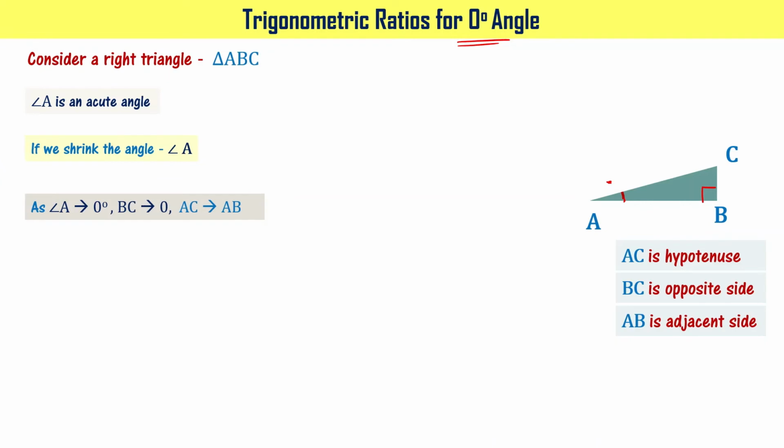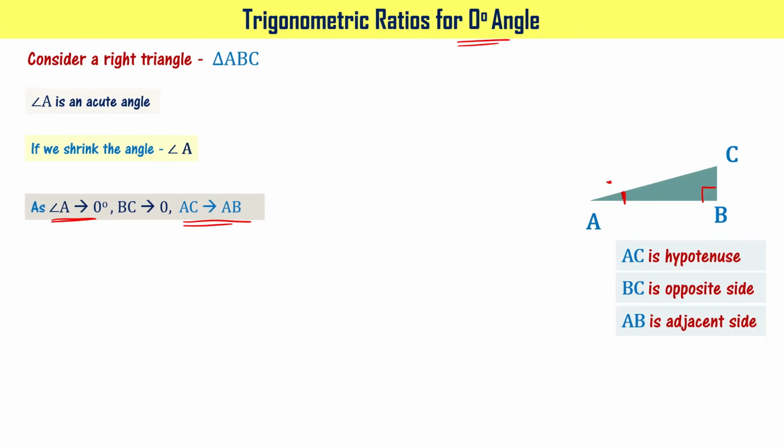Now, if angle A goes to 0, then what happens is AC is going to be equal to AB, because AC is going to lie on line AB, right? When this angle goes to 0 degrees, line AC is falling exactly on AB.